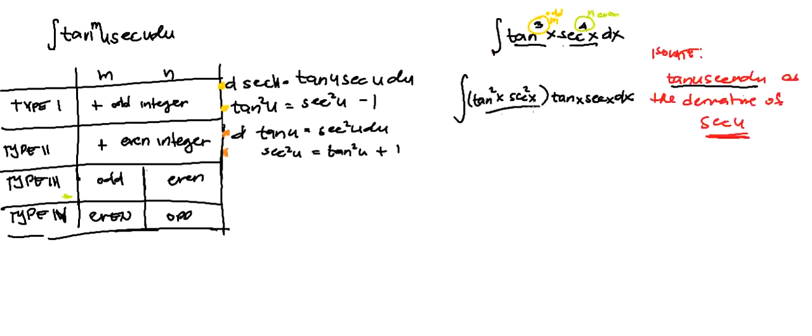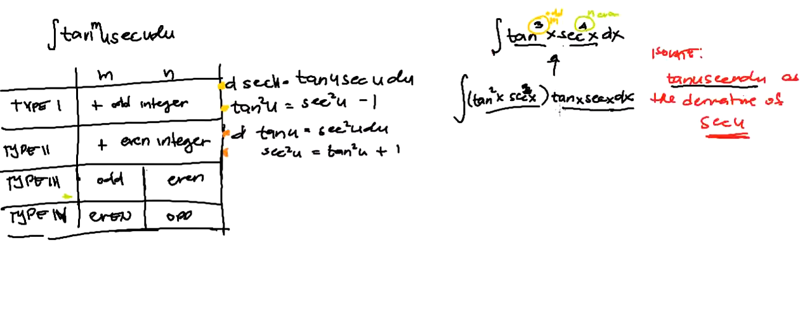Because this one times our isolated part gives the tangent cubed x secant 4th x dx.